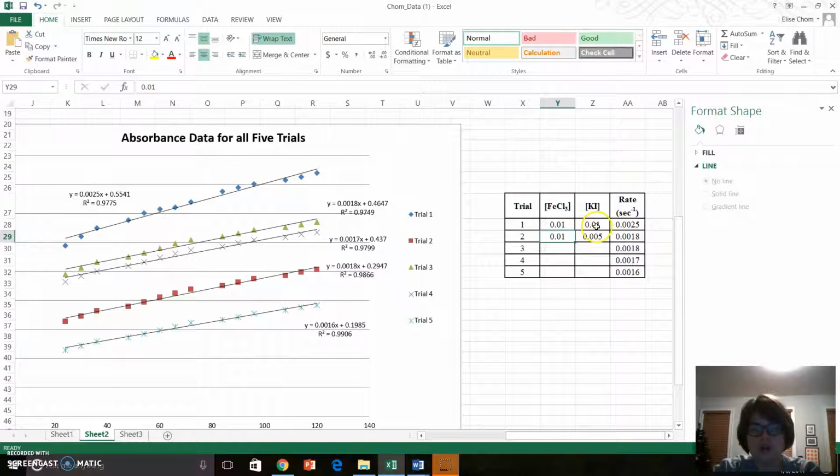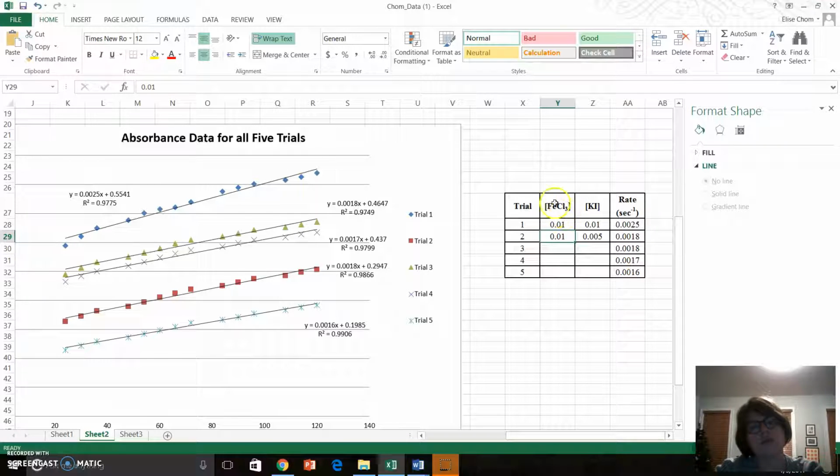So 2 to what power is 2? Well, that's 1. So that means the rate order with respect to potassium iodide is 1.